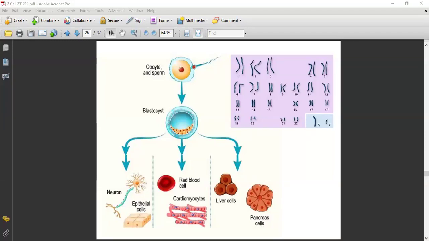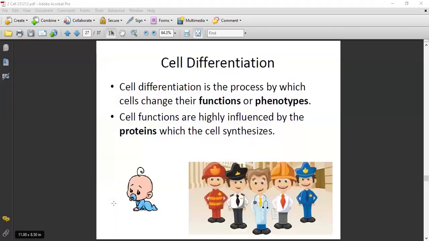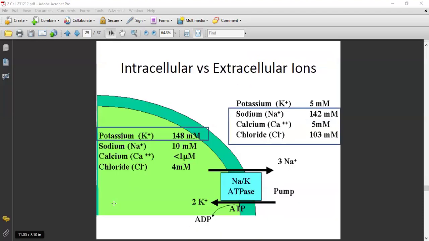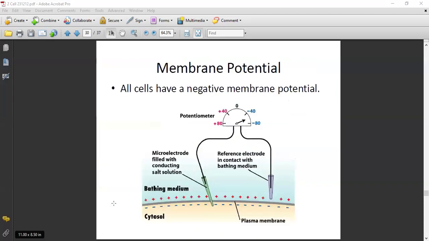That's very long, and the action potential also travels very quickly. That is the action potential, and that's how we transduce the signal.